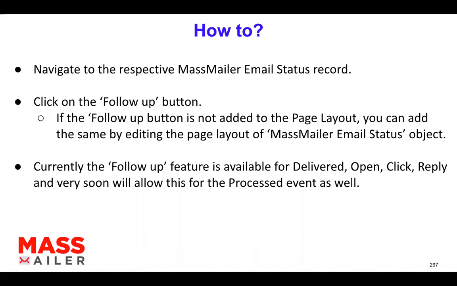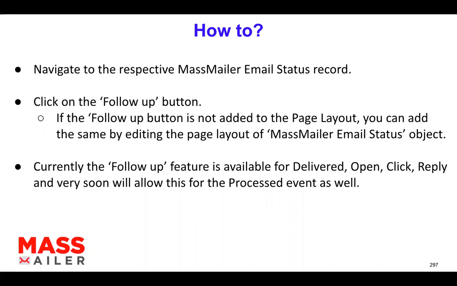All you need to do is just go to the email status record and click on the follow-up button. As long as it's one of the status values where it is processed, delivered, open, click, reply, you will be able to respond back. And if you get a message saying that the email status record is not allowed to send an email, that could be because it doesn't make sense, such as unsubscribe, spam report, group unsubscribe, bounce.